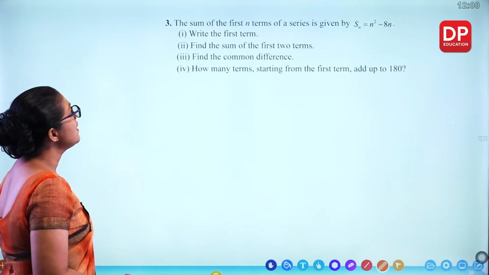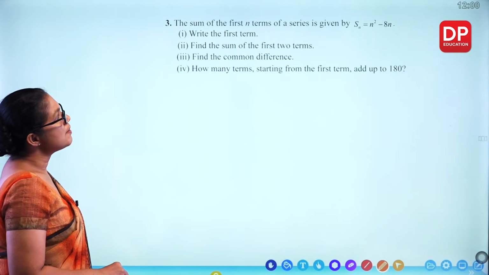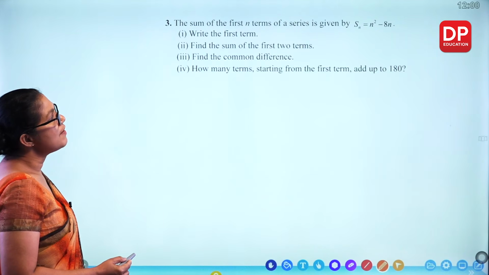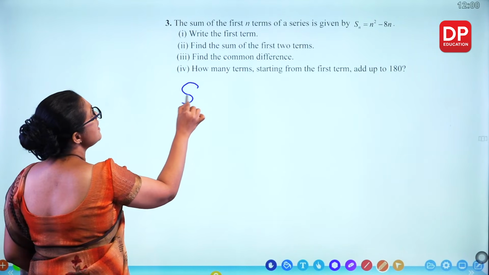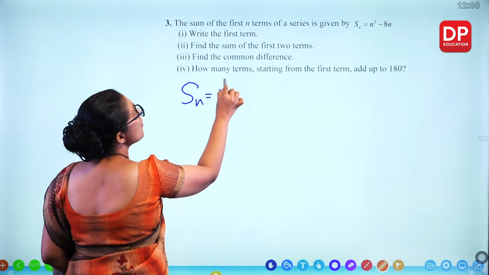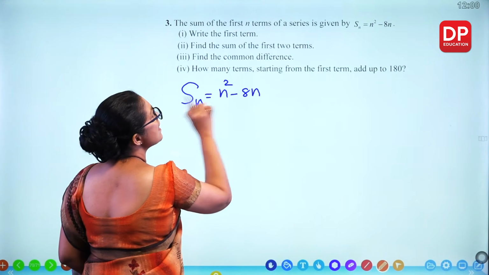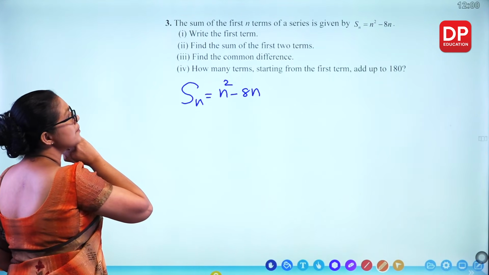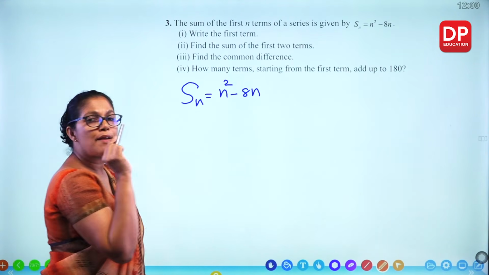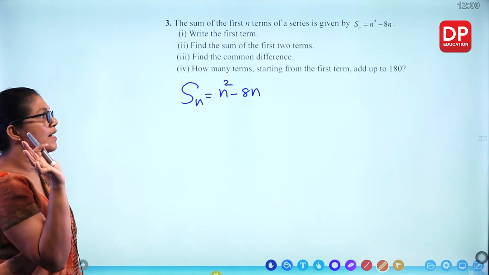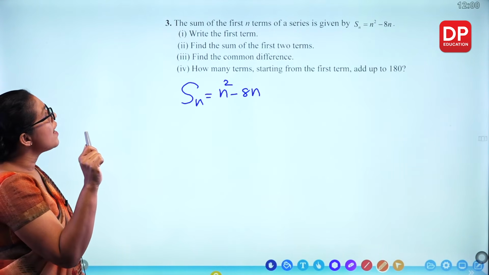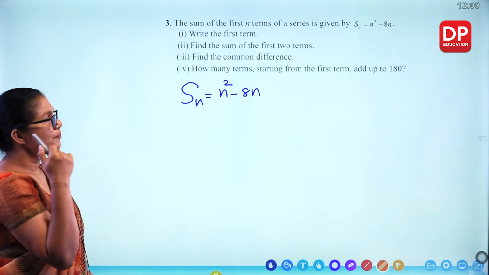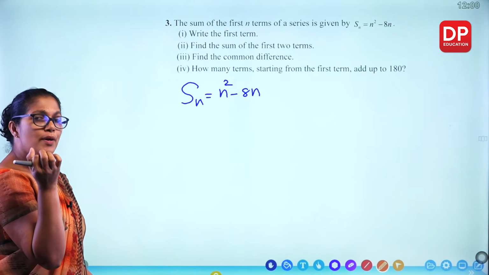Question number 3. The sum of first n terms of a series is given by Sn equals n squared minus 8n. Write the first term. How can we find out? This is the sum given. When n equals 1, you get S1.